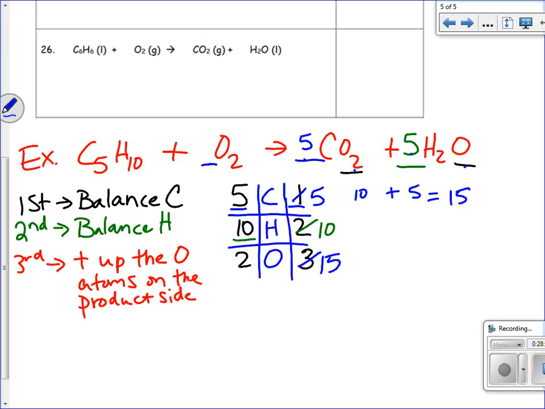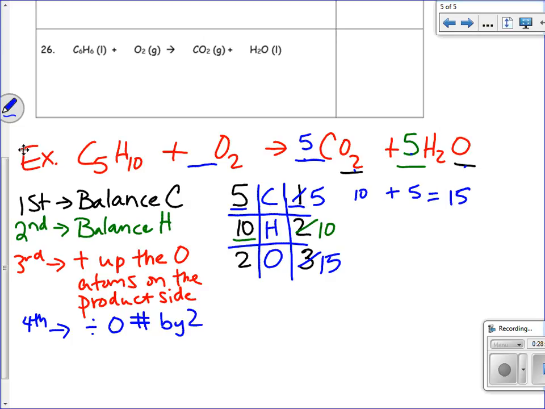Now, we have O2 over here to work with. So this number needs to be doubled in order to get us the right answer. So the fourth step is actually taking our number here. Okay, fourth step. Divide the oxygen number by 2.